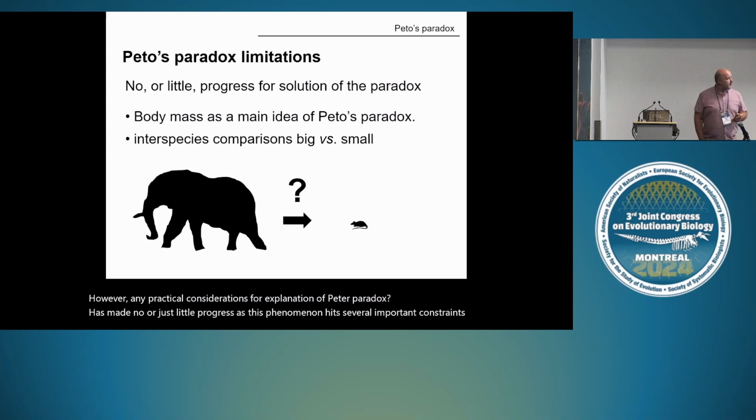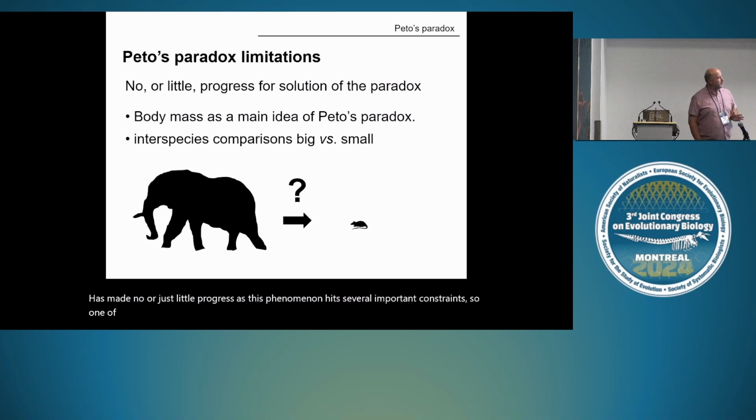One of the cardinal arguments that should be addressed here is the literal interpretation of the Peto paradox, with its key assumption of comparing large versus small animals.